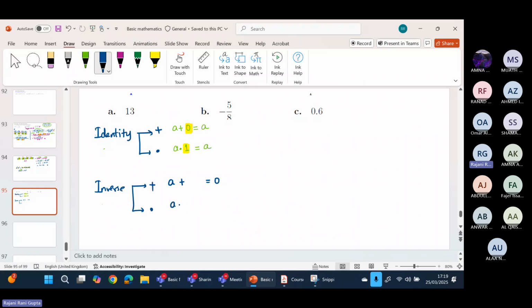And for multiplication, you multiply something to A so you get 1. So here it is: change sign, change position. Remember, we did these things. So for 13, identity.